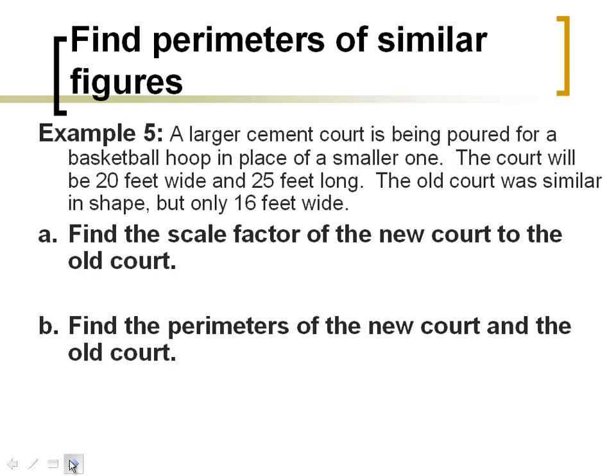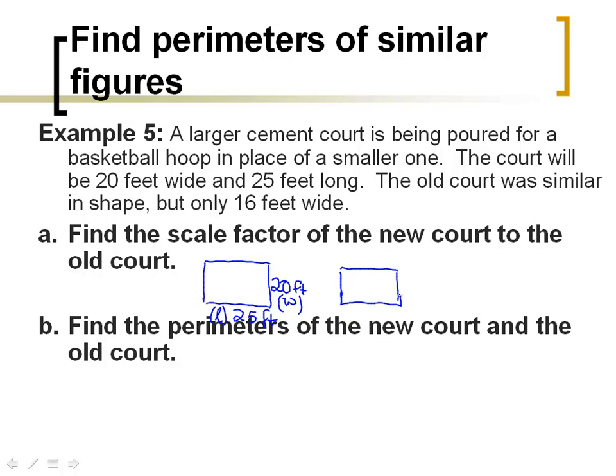Okay. So I'm just going to quick sketch a picture here. So my new court, I want this to be 20, and I want 25 here. So this is 20 feet, that's my width, and 25 feet, that's going to be my length. Okay. My old court, it's going to be smaller, so I'm going to draw a little smaller picture here.